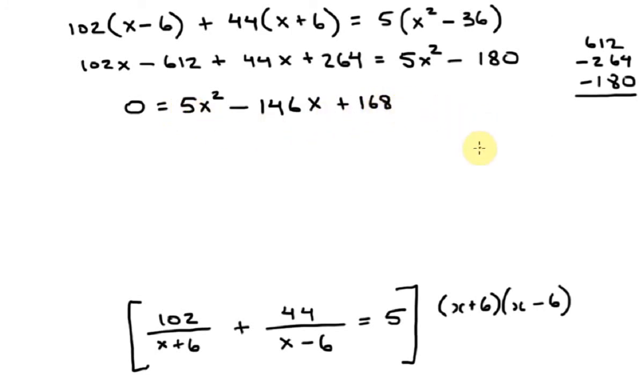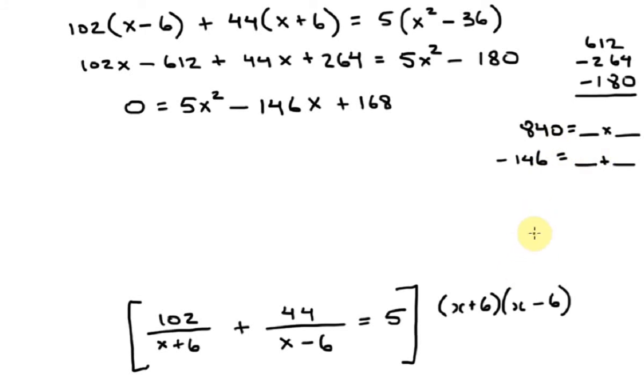I got to go 5 times 168, which is 840. So I need two factors of 840, and these two factors have to add up to negative 146. These are big numbers, but they're not bad if you're systematic.